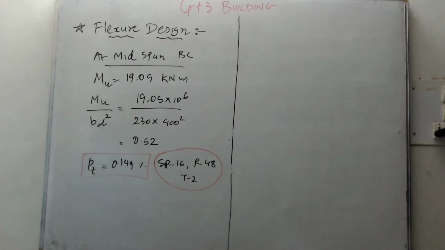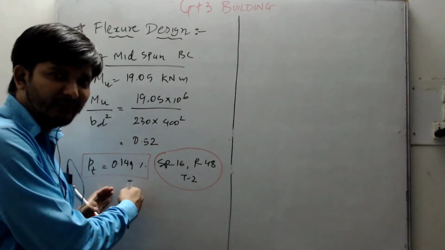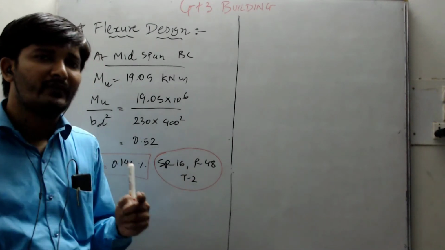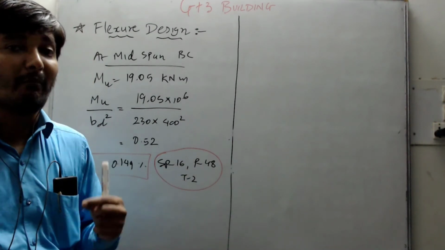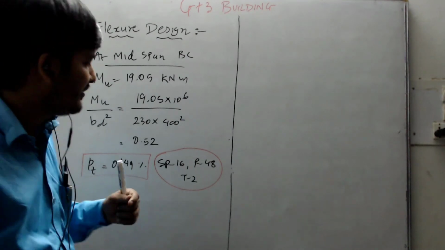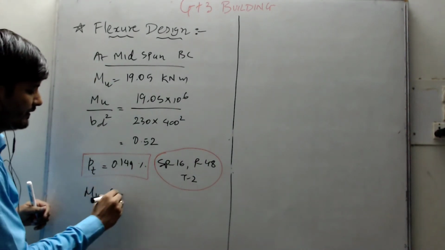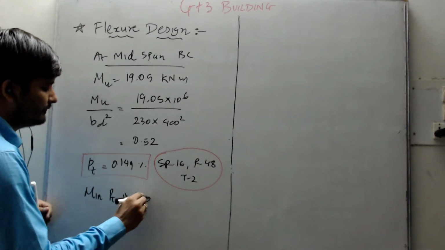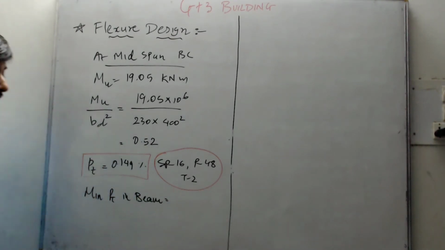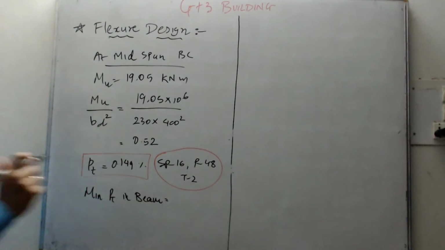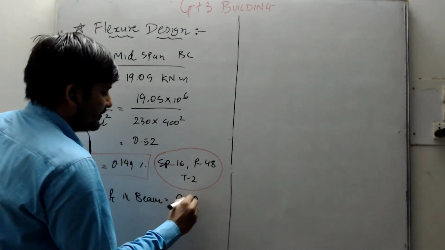Now, the general steps are that we are going to calculate the area of steel based on the Pt, but you need to refer to the IS code for the minimum amount of steel required. Minimum Pt in beam is 0.204 percentage.